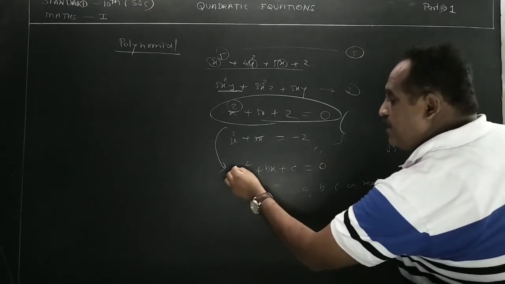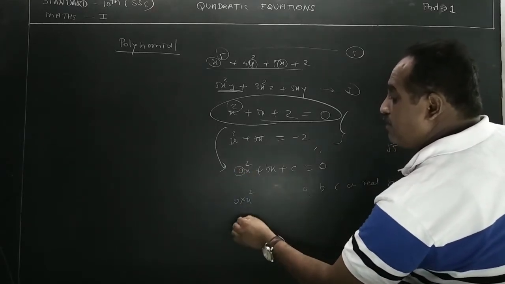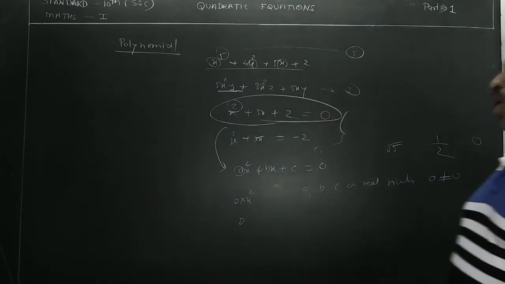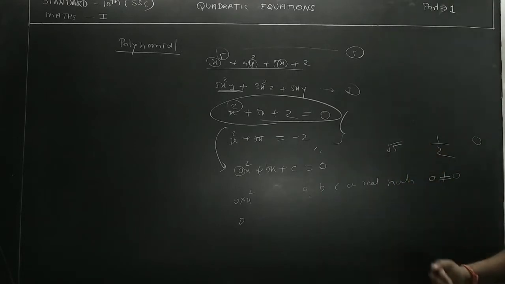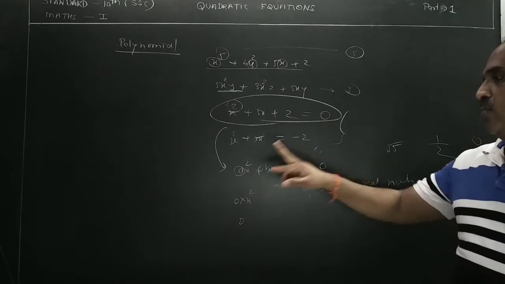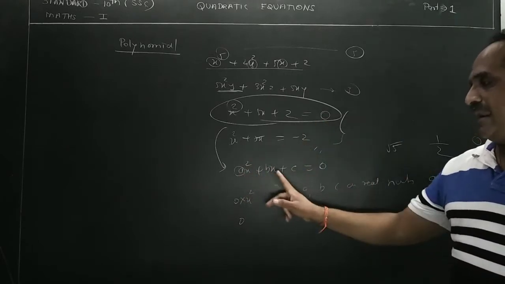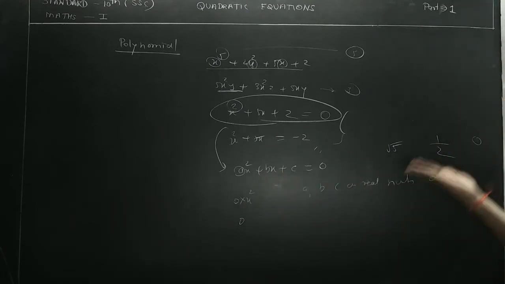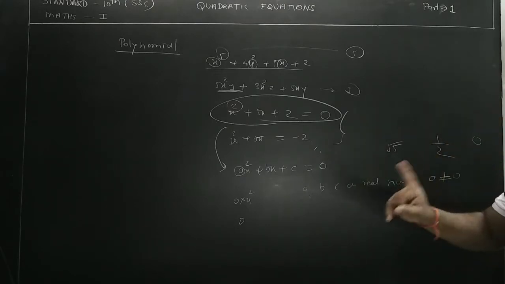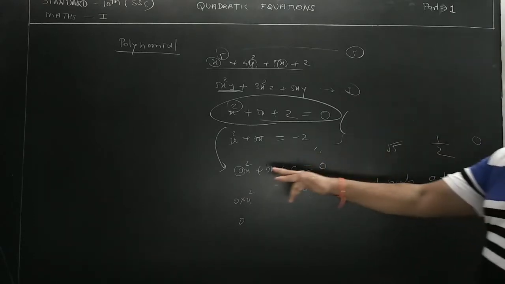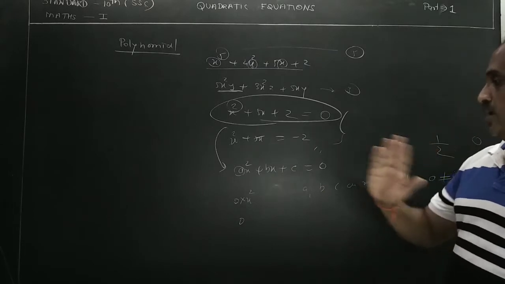The reason is, if a becomes 0, 0 into x square will become 0, and at that time the highest index will become 1. That is not a quadratic polynomial. If a becomes 0, the quadratic equation becomes a linear equation, and we don't want that.